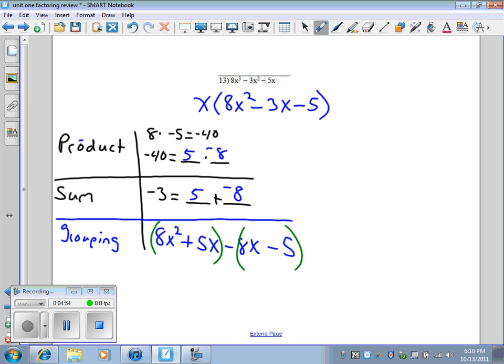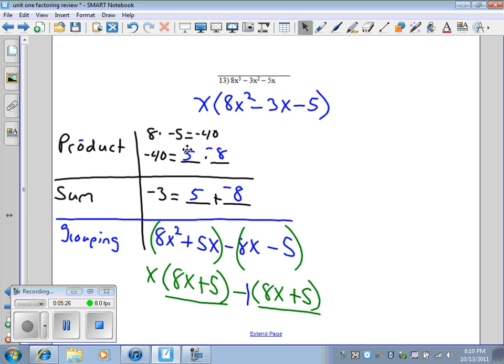So I have an x, which will give me 8x plus 5. And if I factor out, basically I'm just factoring out a negative 1. So I'm just going to write that as negative, and I get 8x positive, and then negative 5 divided by negative gives me positive 5. They have a common factor of 8x plus 5, and I guess I should have written that 1 there.